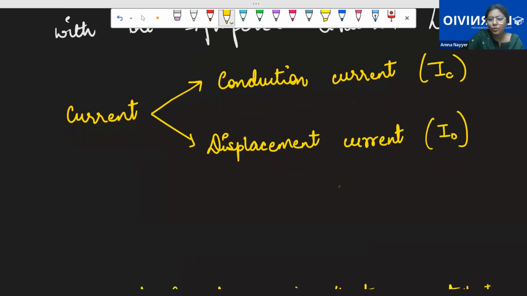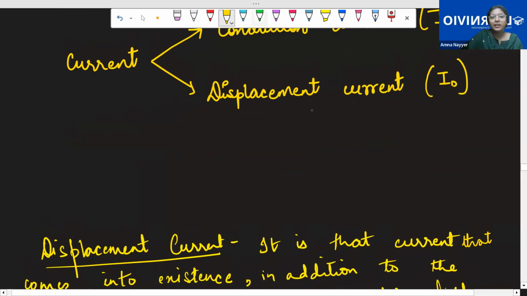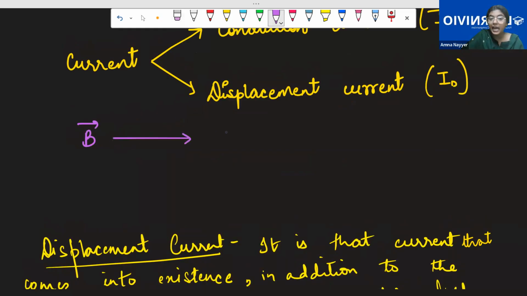Now, what is the story behind it? Basically, when the magnetic field gets changed, what did we study in the entire EMI chapter? That a magnetic field can lead to current. This is what we studied throughout.